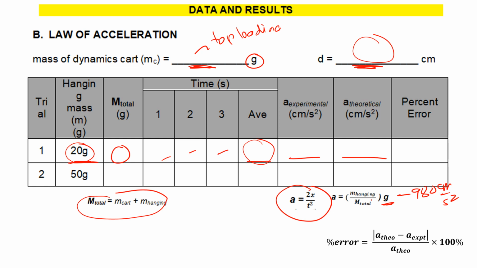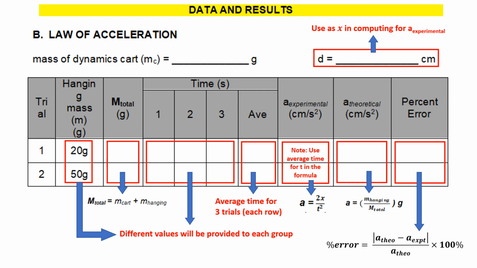For percentage error, it is theoretical value minus experimental value, over the theoretical acceleration, multiplied by 100. These are the formulas, or the guide.